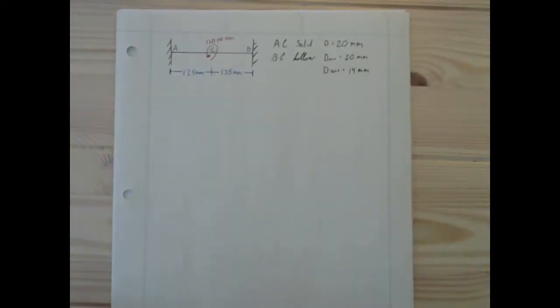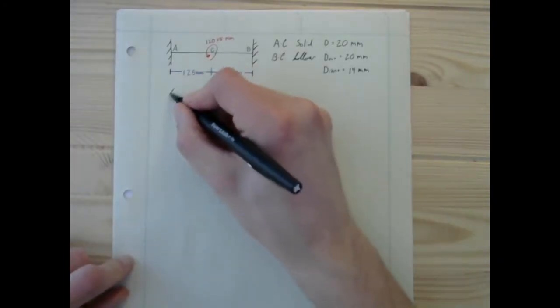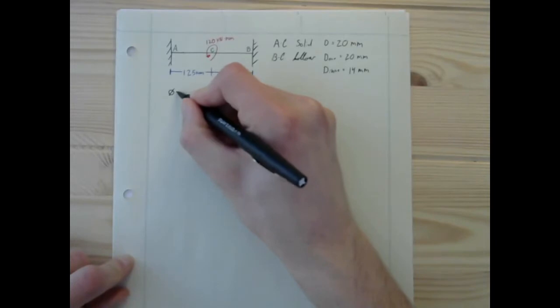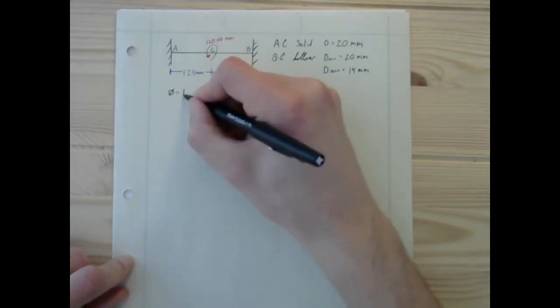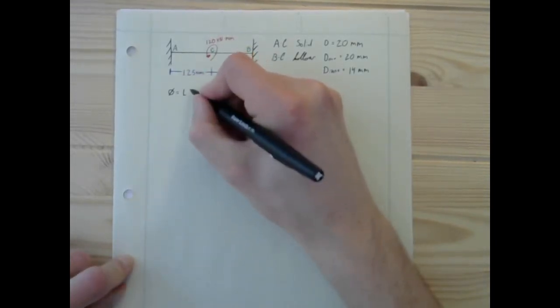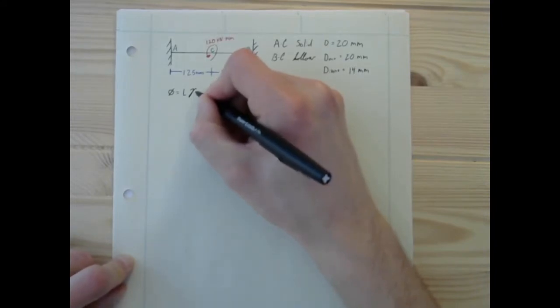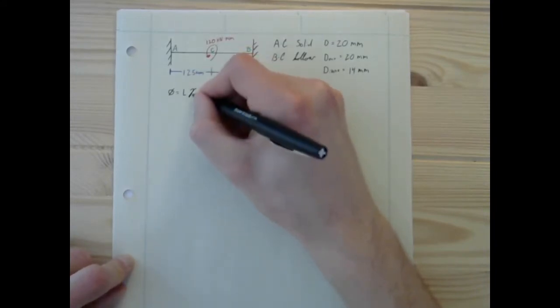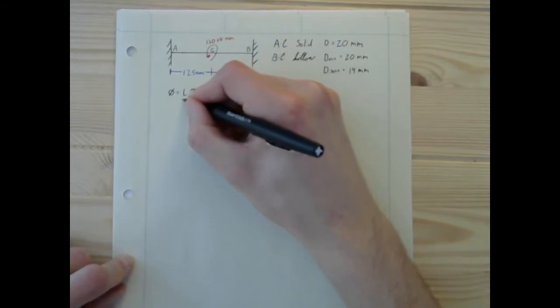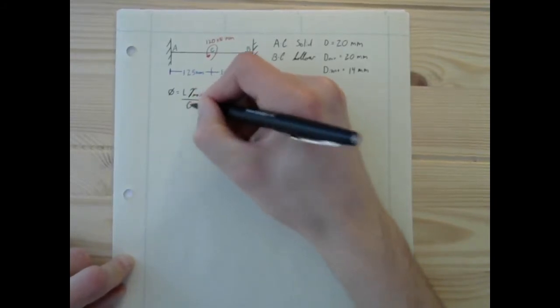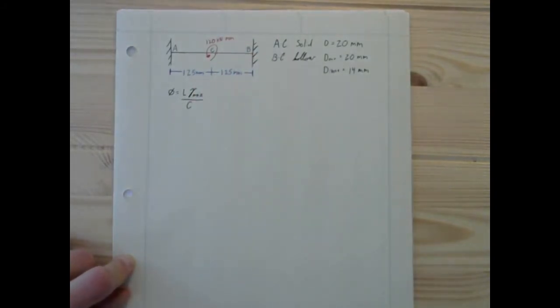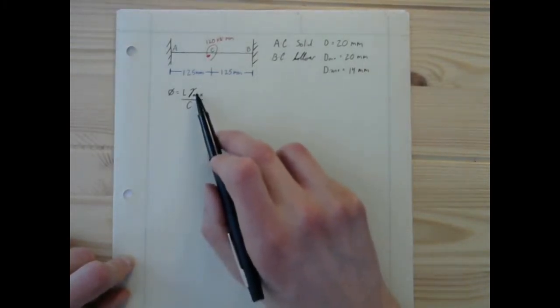Now that we've determined the value of J, the polar moment of inertia, we can combine our equations for the rate of twist, which we said was the length times the maximum shear strain, divided by the outer radius. We can combine that with an equation for the shear strain.